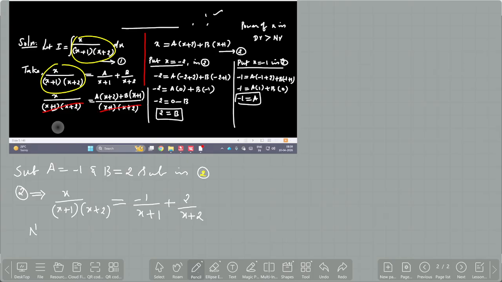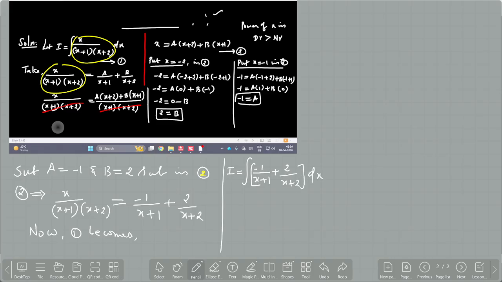Now equation 1 becomes, these are more steps, that's why I am going directly to equation number 1. What does equation 1 become? I equal to integral of minus 1 by x plus 1 plus 2 by x plus 2 into dx.